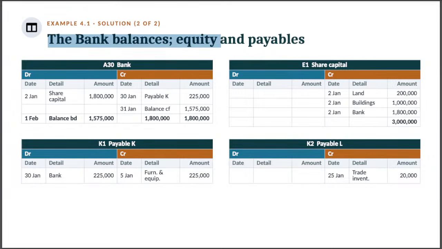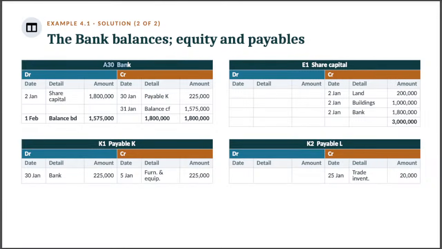Now let's look at the bank balances and the equity and payables. On the 2nd, we have bank. Let's look at this bank detail now. Share capital of $1,800,000. That was that nice donation there. And we had on the 1st of February a balance due of $1,500,000. No, we haven't got there yet. On the 30th of January, we have a credit entered in on this bank account.